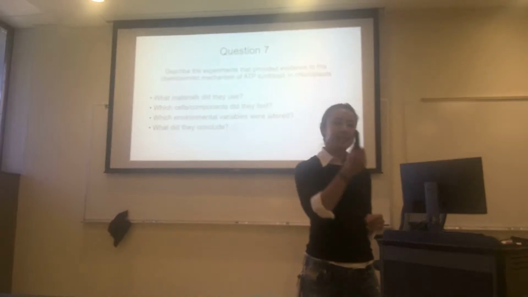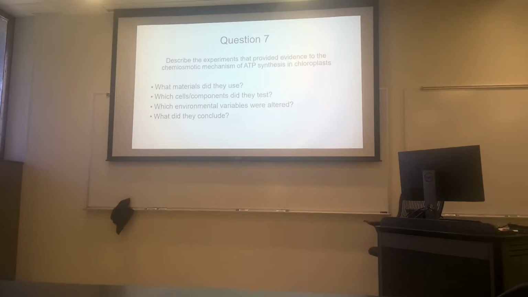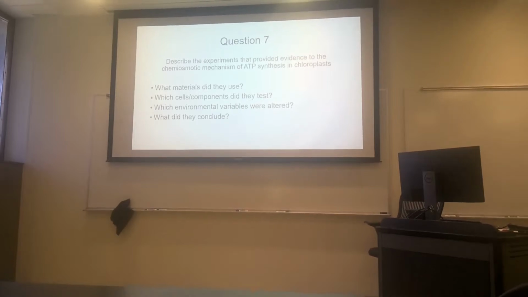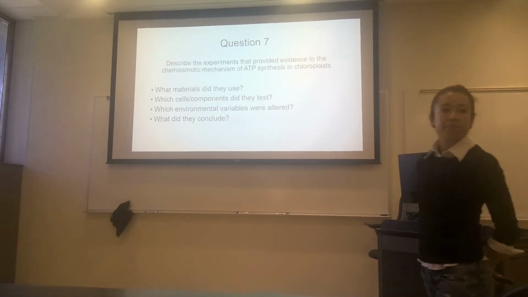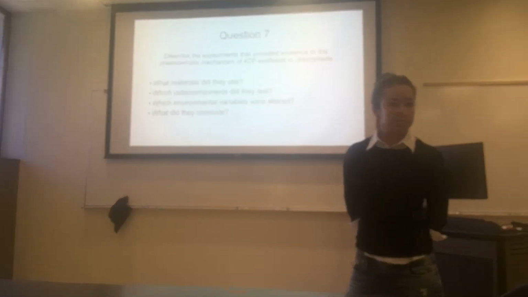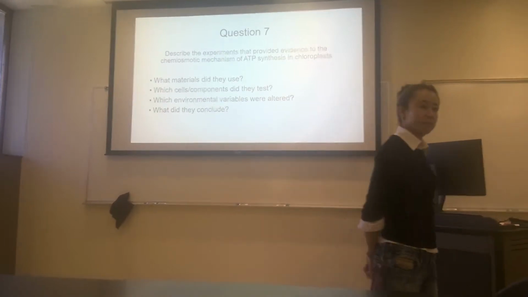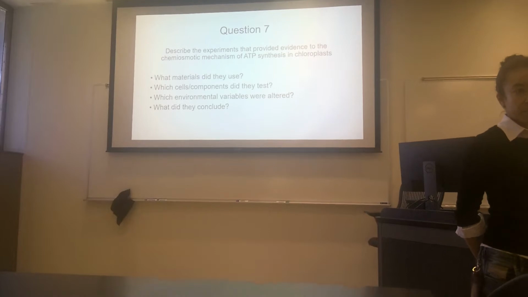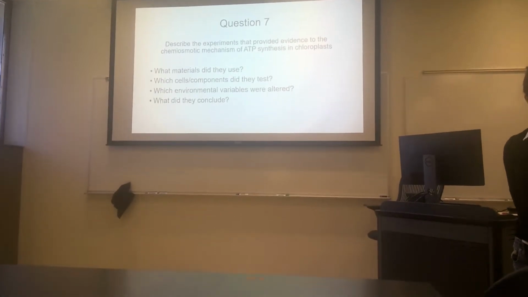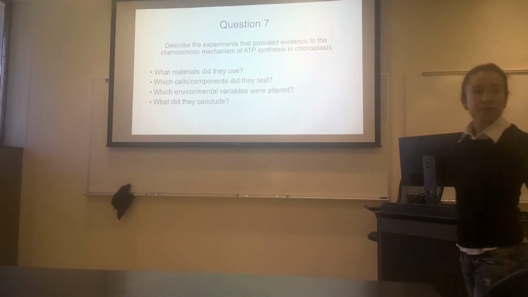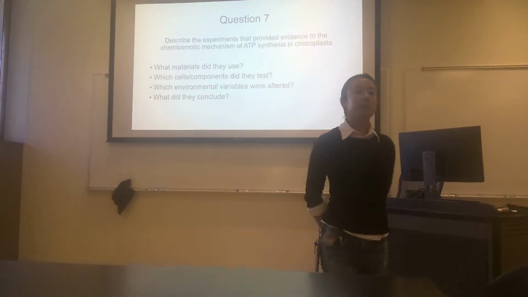Well, I guess the experiment was to check how the hydrogen gradient impacted chloroplasts. What they did is they put it in a normally pH 8 solution. They changed it to, I believe, pH 4 or 5, and let it go down to that, and then it was moved back to the pH 8, and the gradient that was created was able to power photosynthesis based off the gradient alone.